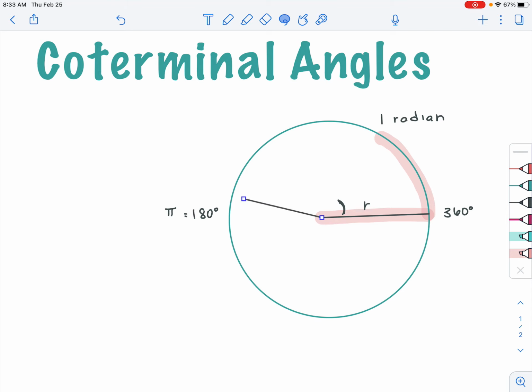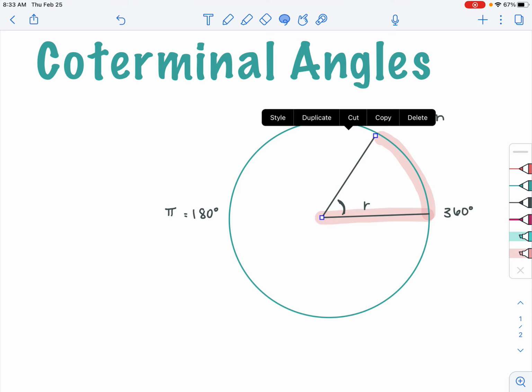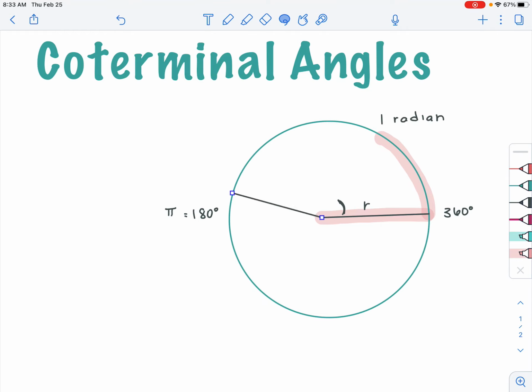I can go negative. So I can get multiple measures when I'm talking about a radian. I can have 1 radian, pi radians, 2 pi radians. If I kept going and traveled around the circle again, these are my coterminal angles.